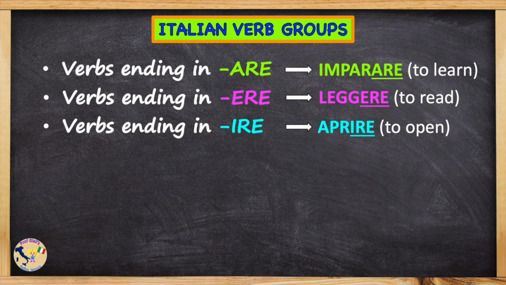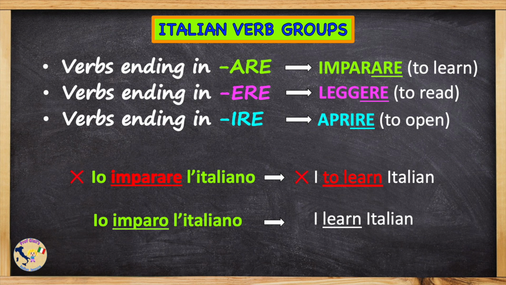The verbs imparare and to learn are not acting as main verbs here. But if we conjugate the verbs imparare and to learn and say "Io imparo l'italiano," I learn Italian, then the two sentences become clear because we have a direct link between the action of learning and the person doing the learning.